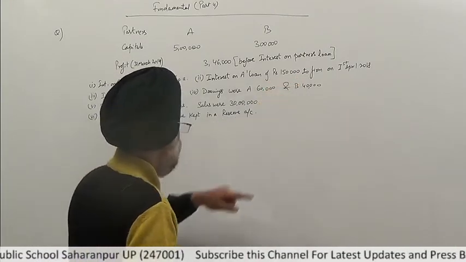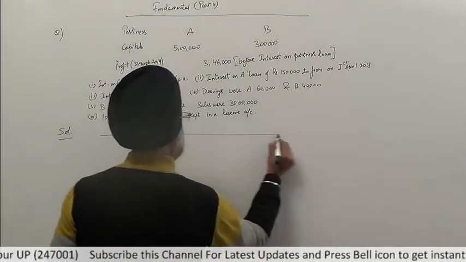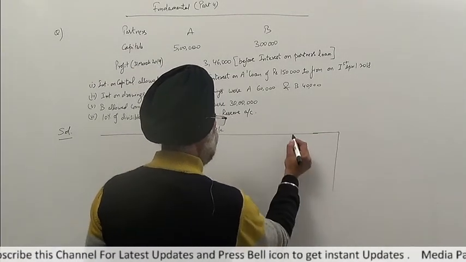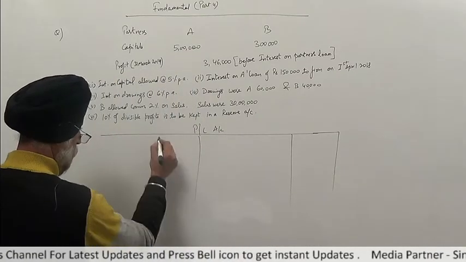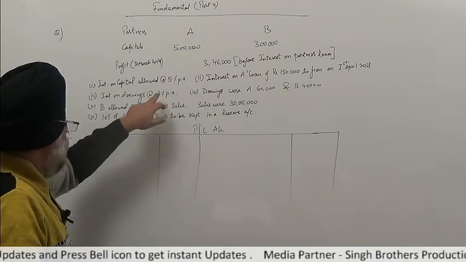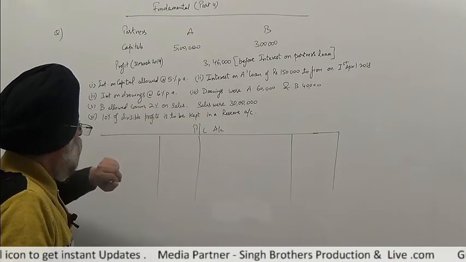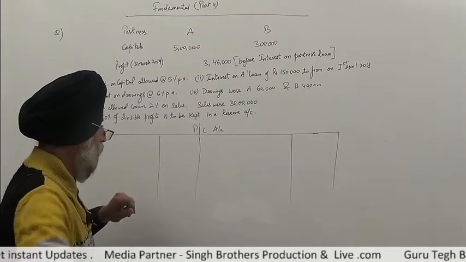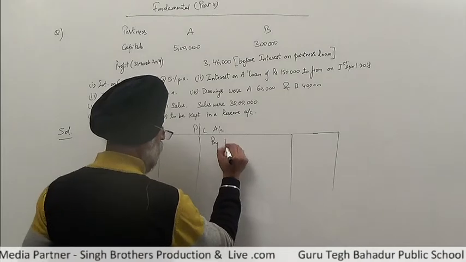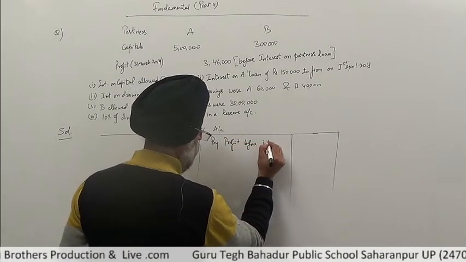So there is a need to first of all make the P&L account. First of all, take the profit whatever is given in the question, that is 3,46,000 profit before interest.